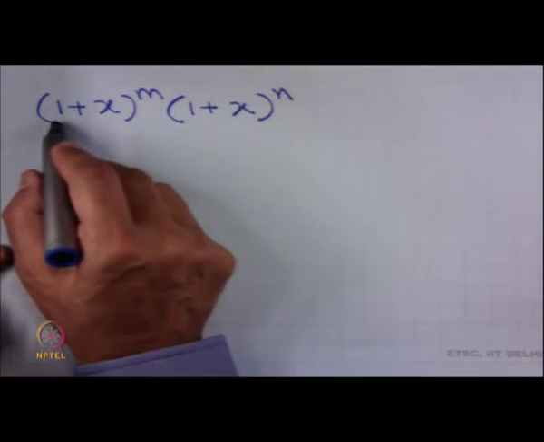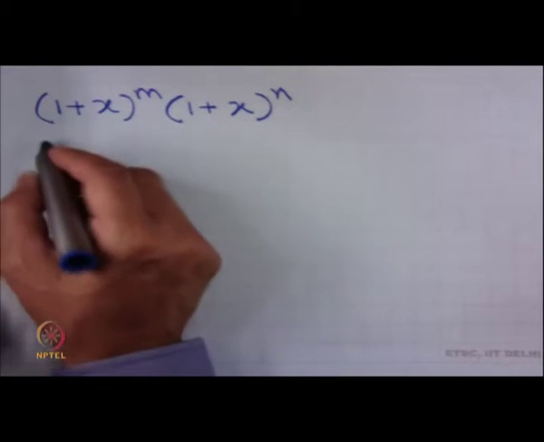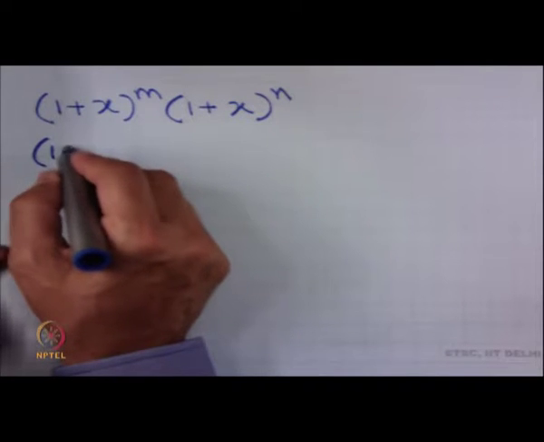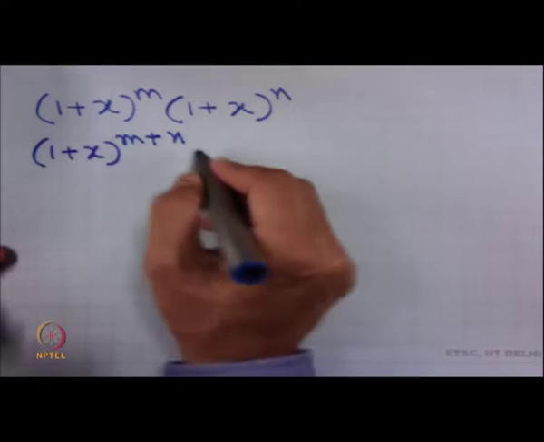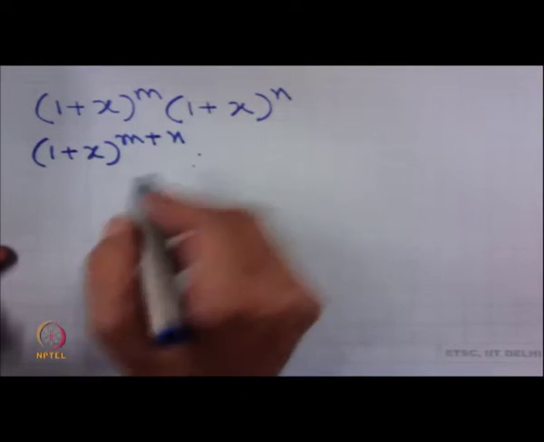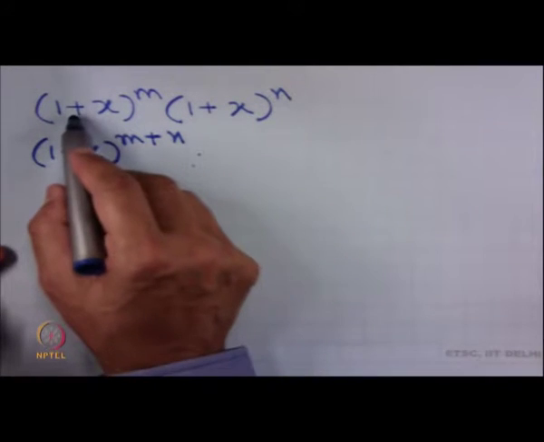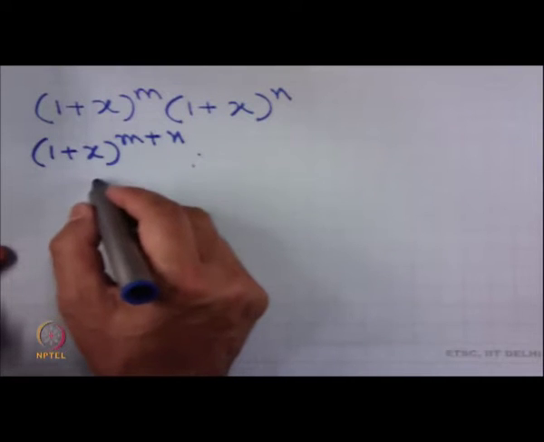So, this term is (1 plus x) to the power m plus n. Now, let us expand both of them binomially.